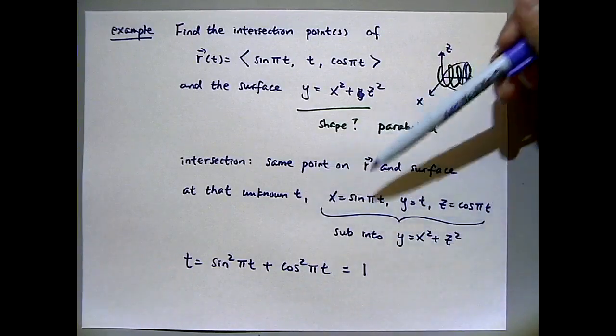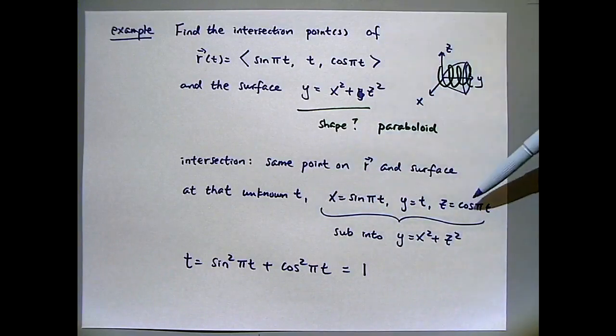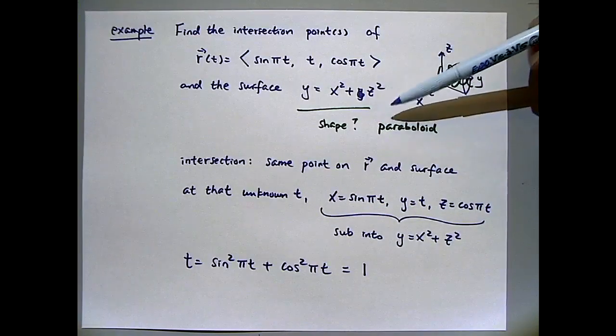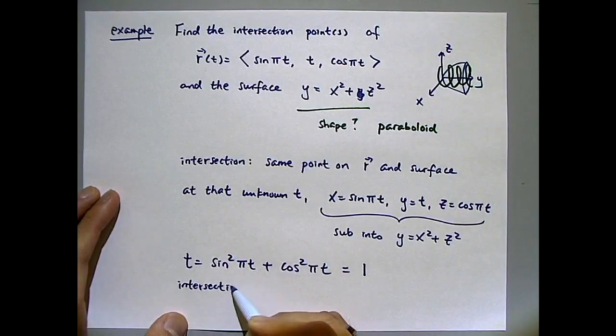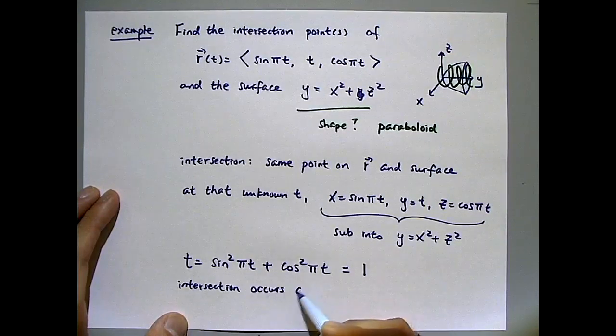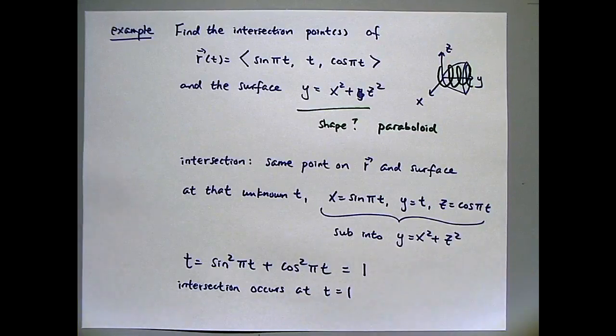That's going to give us a point that's on the space curve and on the surface. The intersection occurs at t is equal to 1.